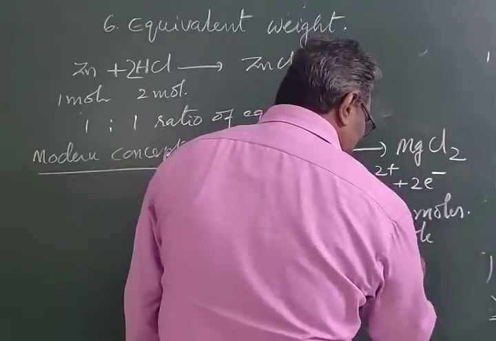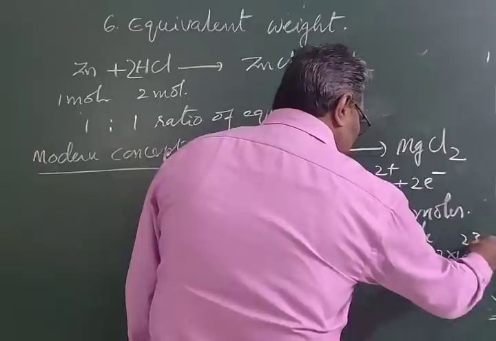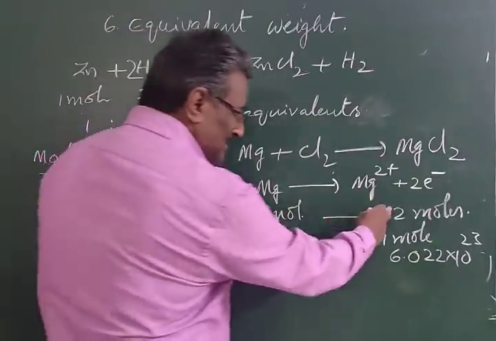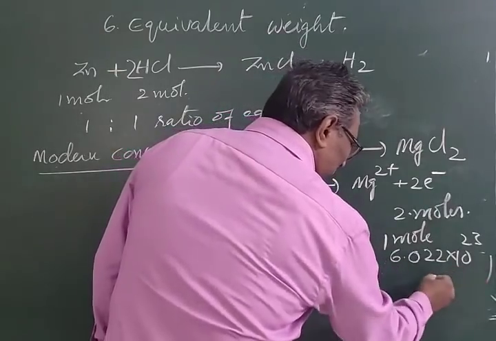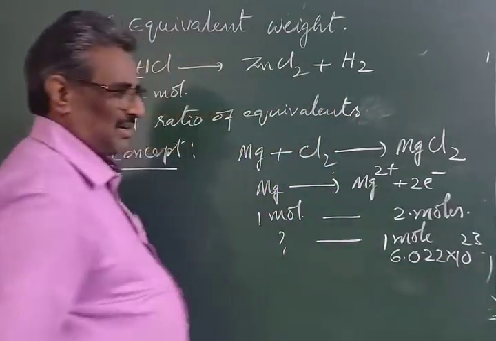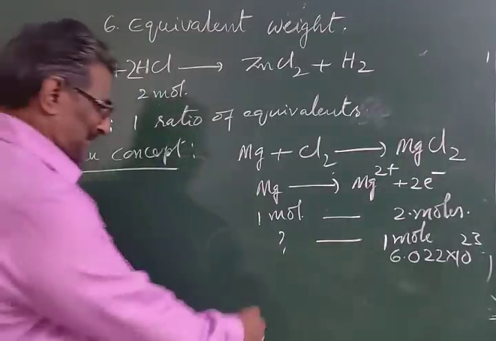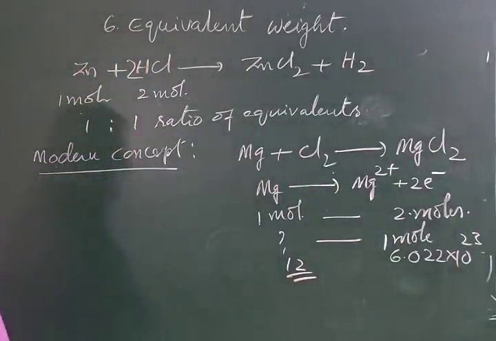That is Avogadro's number of electrons, 6.022 into 10 to the power of 23 electrons. 1 mole loses 2 moles, so how many moles lose 1 mole? That is half mole of magnesium. Half mole of magnesium is 12 grams. So 12 grams of magnesium is the gram equivalent weight of magnesium.